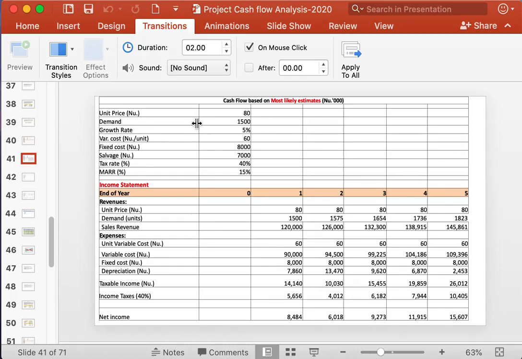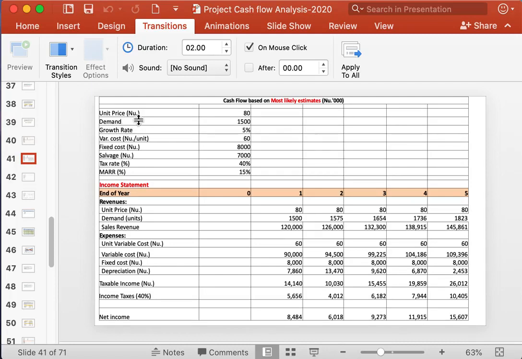And this dependency between unit price and demand might be affecting the change in net present worth, not unit price and demand independently.